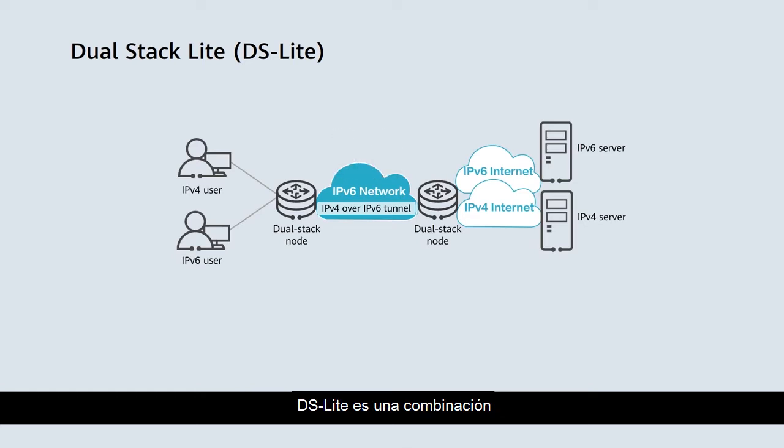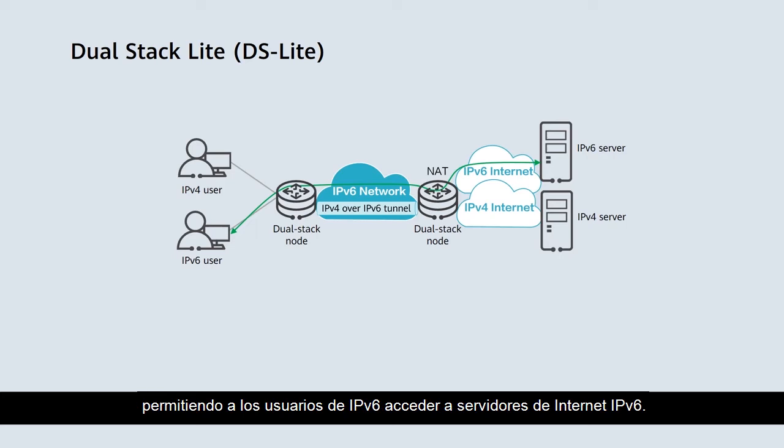DS Lite is a combination of IPv4 over IPv6 tunneling and NAT. IPv6 networks can directly carry IPv6 services, allowing IPv6 users to access IPv6 internet servers.